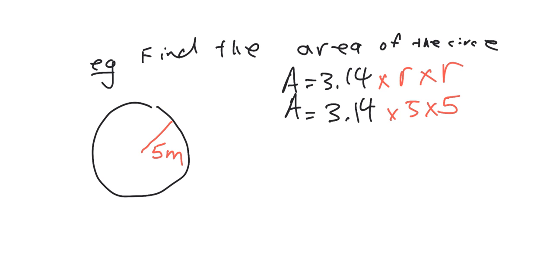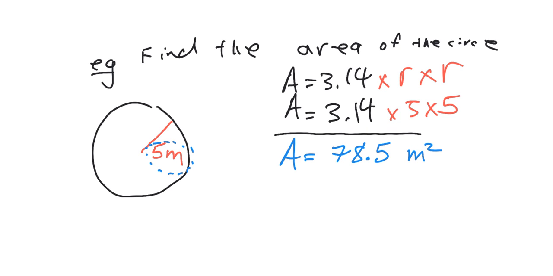Punching that in, we end up with our final area equaling 3.14 times 5, which is about 15, and then times 5 again, which ends up being about 78.5. And remember, because this thing is in meters, we always have to say that our units are in meters squared. And we're done.